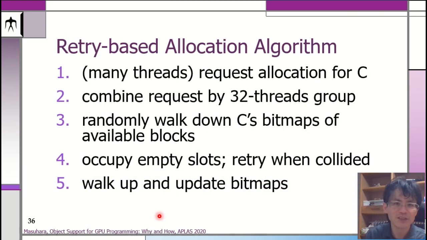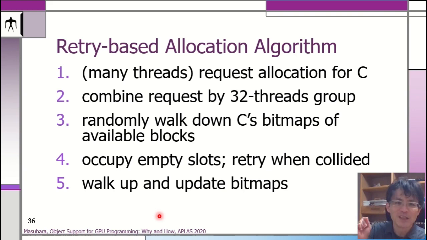First, many threads start requesting allocation of objects for class C, and the first thing to do is to combine requests on a per 32 threads group, which is a magic number in GPUs.